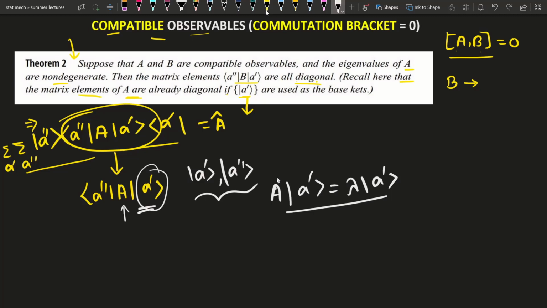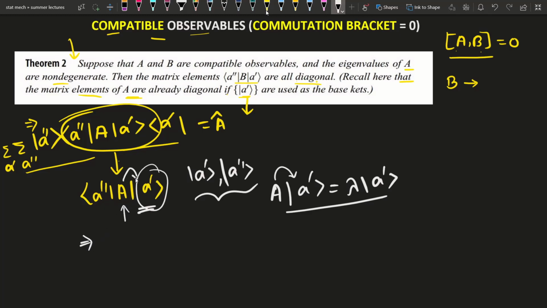When we apply this operator on this eigenket, we get back the same eigenket with an eigenvalue, a number basically. That means if these are the eigenkets of this operator, then it is very simple. This matrix becomes very simple.